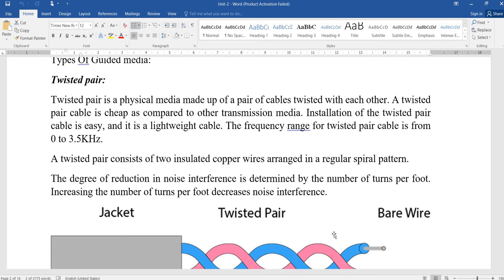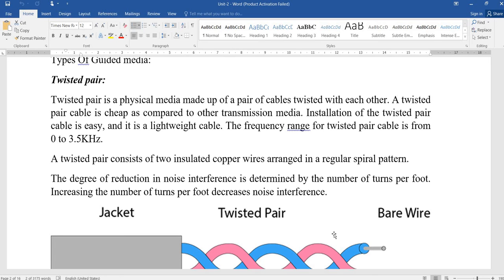To reduce this, we need to twist the pair of cables. How much noise we reduce depends on the number of turns per foot: in 1 foot, how many turns we use determines the noise reduction.